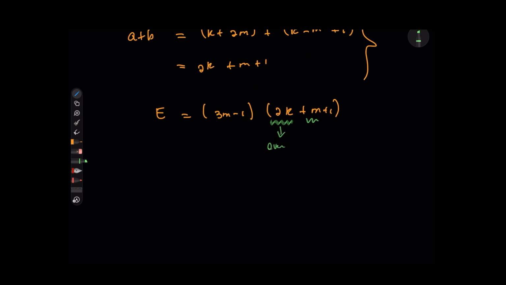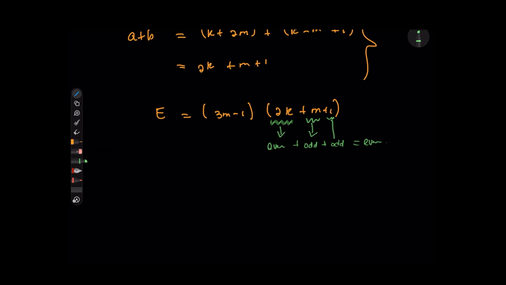m was given in the question to be something that is odd, and the number 1 itself is odd. And an even plus an odd number will give me an odd number. Similarly here, 3 is an integer, and we have m being odd in the question.